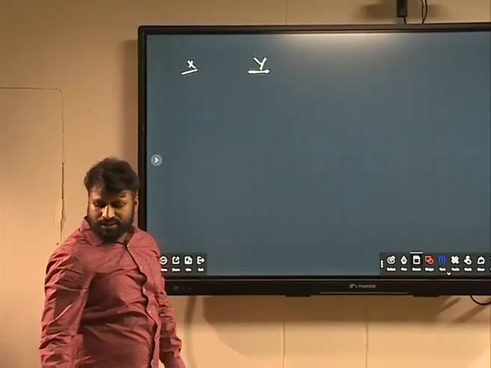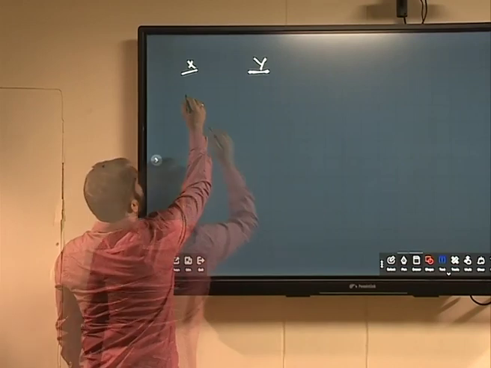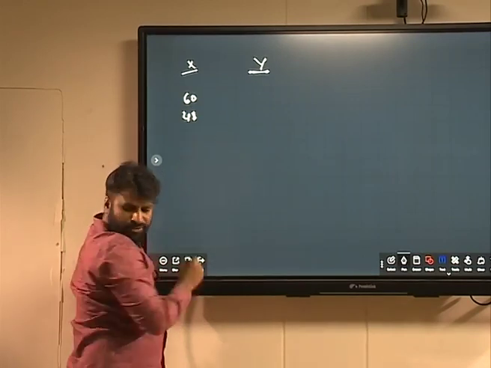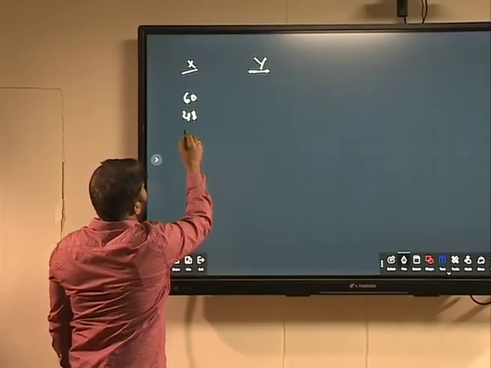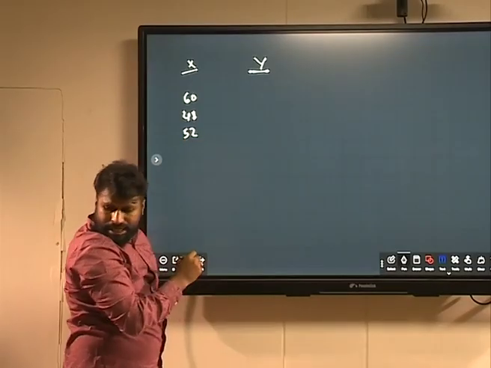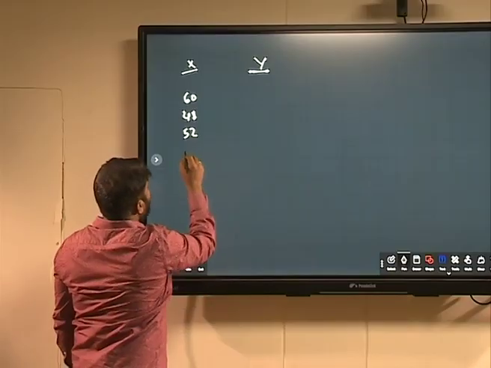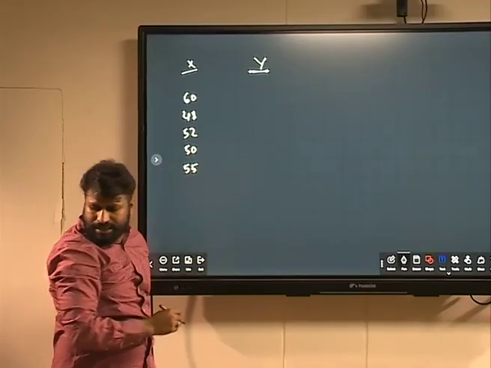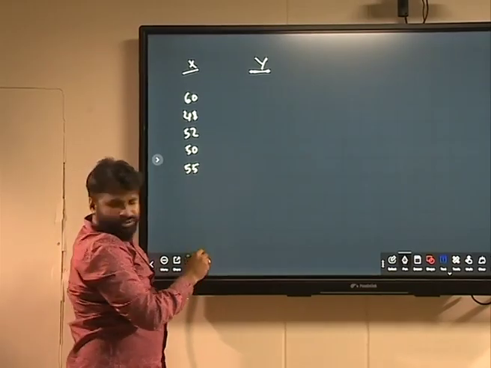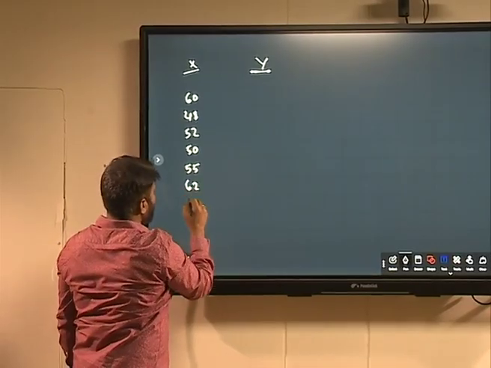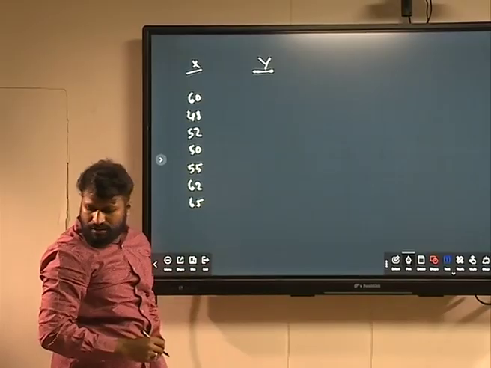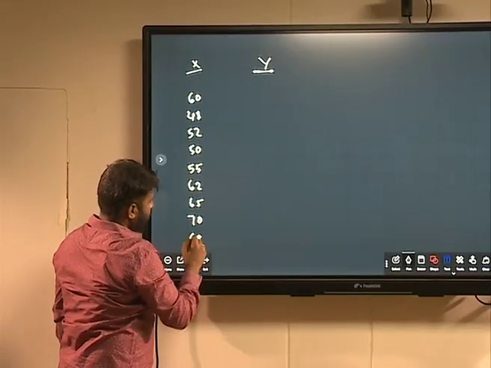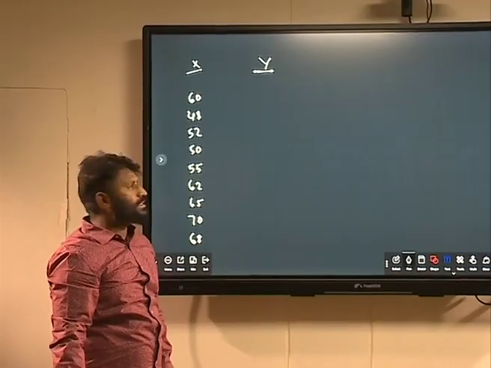So the x variables are 60, 60, 48, 52 and 50, 55 and 62, 65, 70, 68. So these are the variables of x.